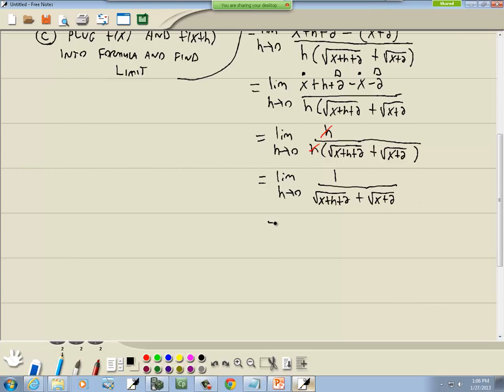Well, now we can plug our 0 in. So we got 1 over the square root of x plus 0 plus 2 plus the square root of x plus 2. The 0 really doesn't do anything there, so it drops away. So you got the square root of x plus 2 plus the square root of x plus 2, which gives me 1 over 2 square root of x plus 2. And that's our f prime.